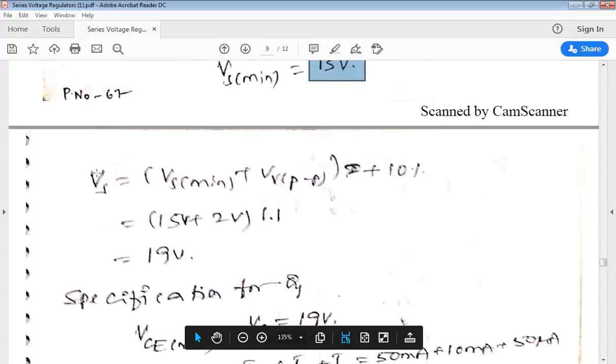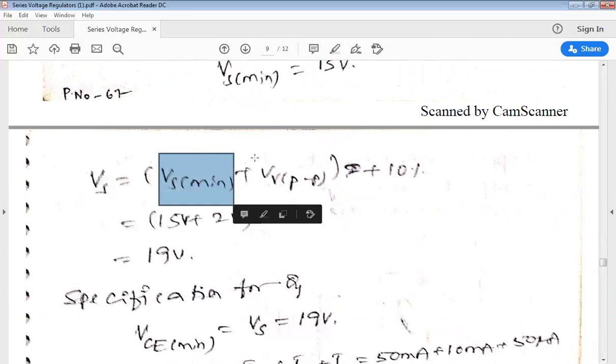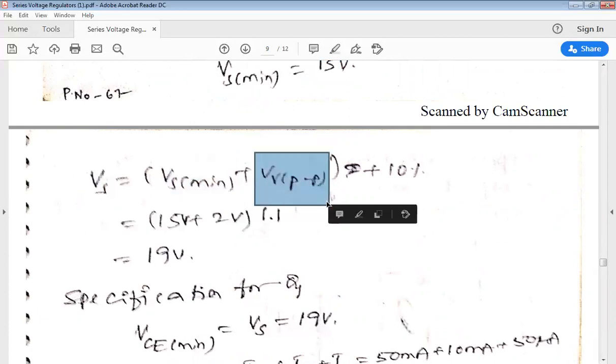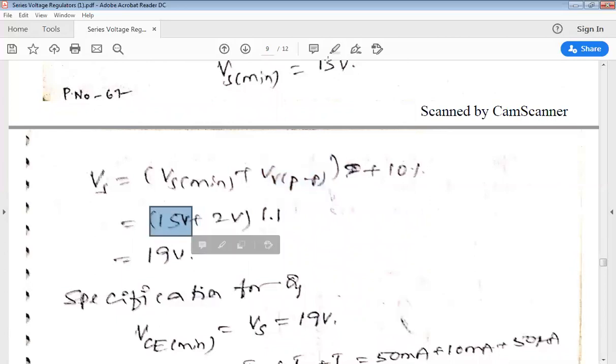Vs is equal to Vs minimum plus the ripple voltage, peak to peak, plus 10% line voltage change.